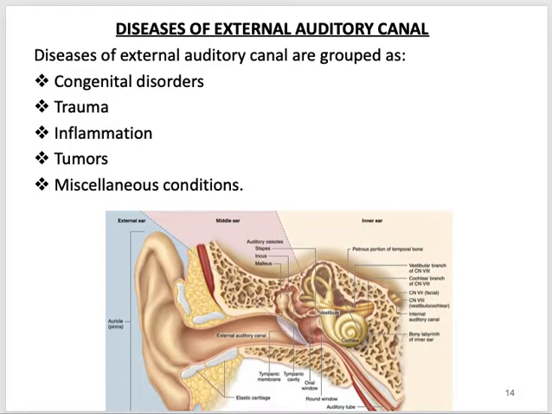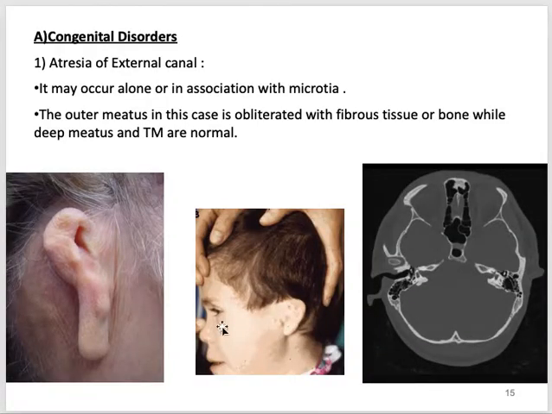Now comes the diseases of the external auditory meatus. You can see over here the diseases which affect the external auditory meatus are grouped as congenital, trauma, inflammation, tumors, and other conditions. Starting from congenital, there could be atresia of the external canal, where simply the external auditory canal is not present.